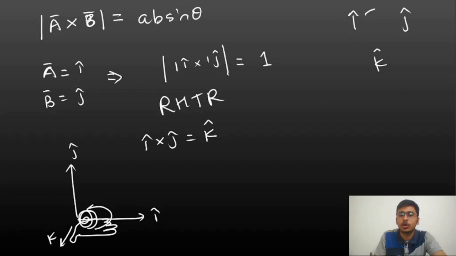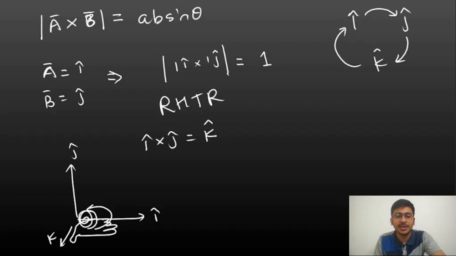I cap cross J cap gives you K cap, J cap cross K cap gives you I cap, and K cap cross I cap gives you J cap. So this is the right hand thumb rule diagram. You can remember this IJK circle and then it's easy to derive.